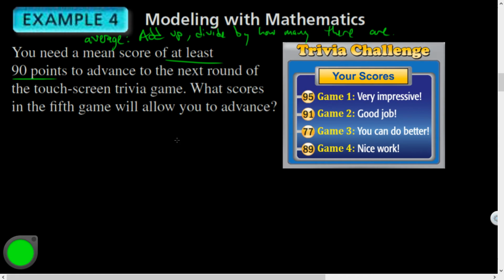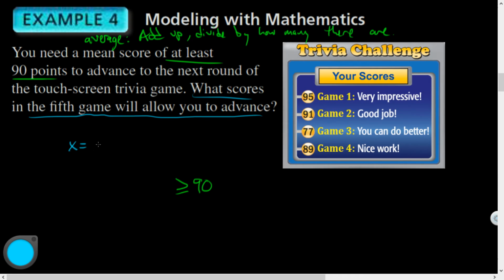That means for my equation that I'm writing here, my score needs to be bigger than or equal to 90 to advance to the next round of the touchscreen trivia game. What scores in the 5th game will allow you to advance? The question is also usually the variable, so we'll just call this x.